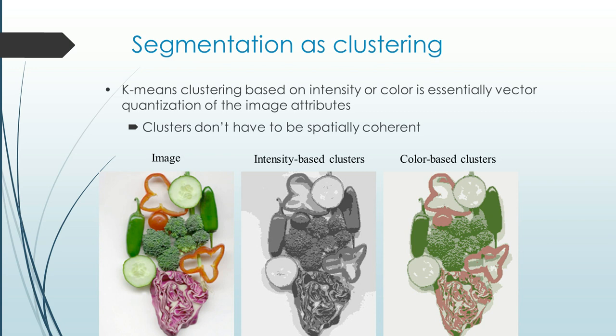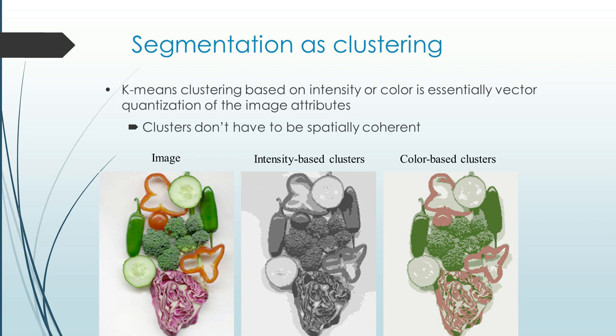So for example, if we perform k-means by using features of colors, like brightness or intensity, basically what we are doing is just calculating the quantization of the pixel properties into different colors. And this does not necessarily have some coherent meaning in terms of spatial properties.